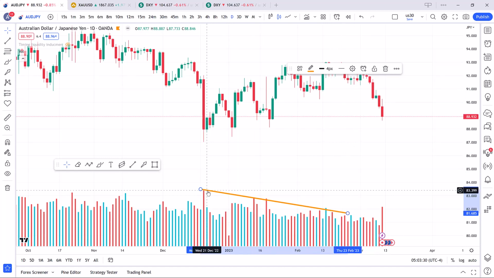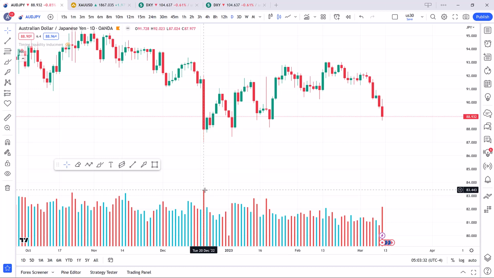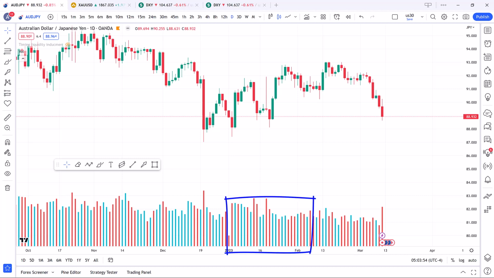So when we talk about a single bar volume, when we say that it is a high volume bar, we are talking about just a candle's volume. But when we are talking about a spread of volume, we are talking about a bunch of volumes and a bunch of bars. For example, why did this movement happen?